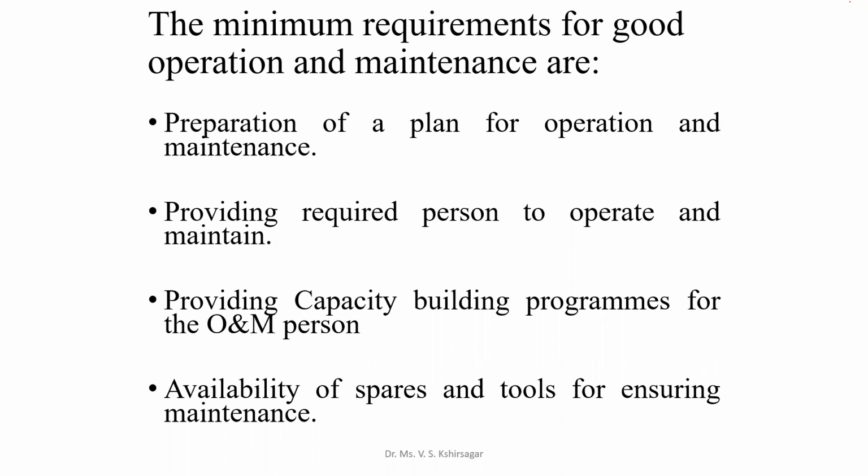So for that purpose you need to have some equipment, tools. तो पंप पाहिजे. Otherwise how can you go for that? Otherwise you need to find someone who has the pump. So a sufficient amount of spares and tools required for the maintenance must be available with that particular system. Okay, so these are the minimum requirements for good operation and maintenance.